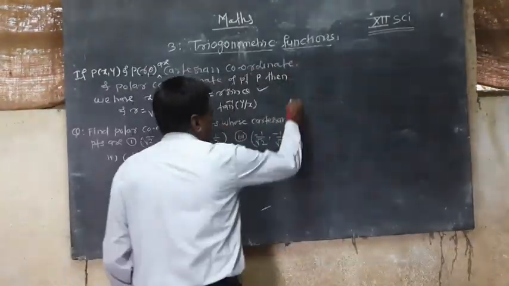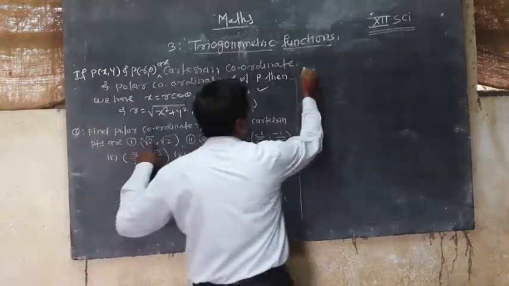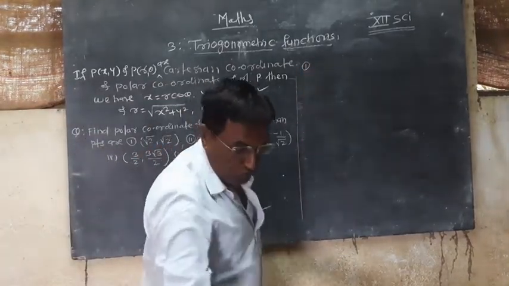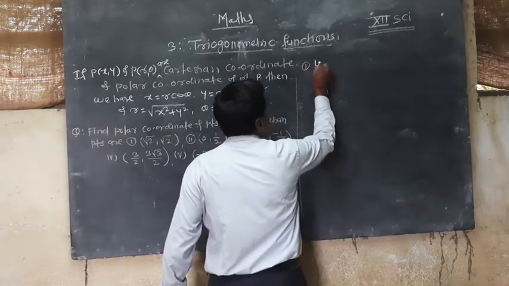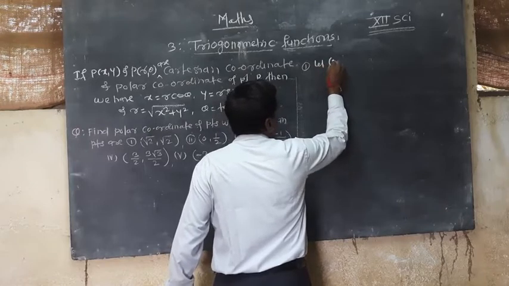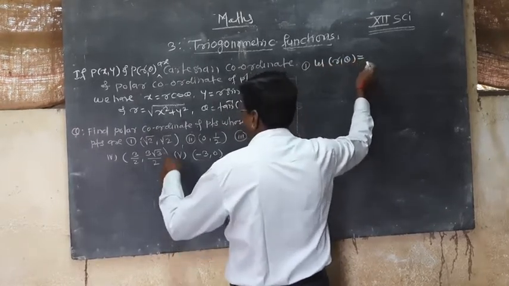So we start the first example. Here I will take the first example, that is root 2 comma root 2. We need the polar coordinates, which are denoted by r and theta, that is, r comma theta.